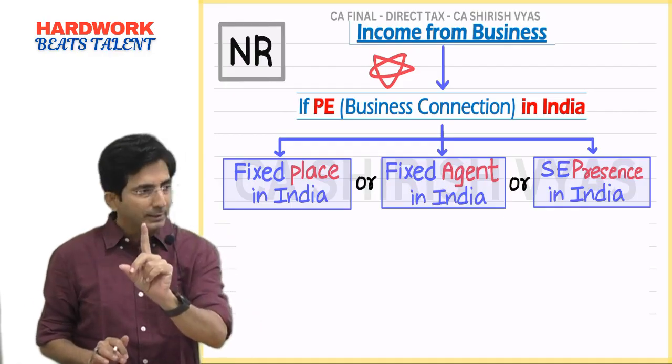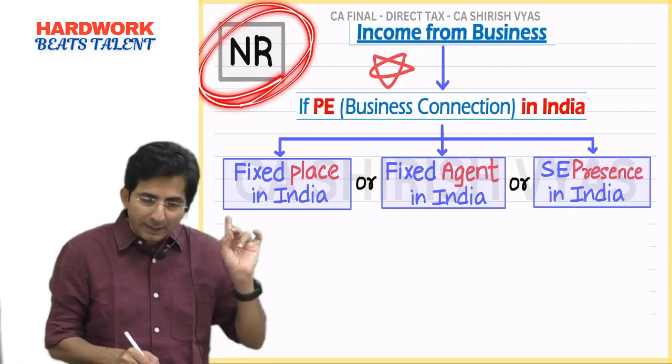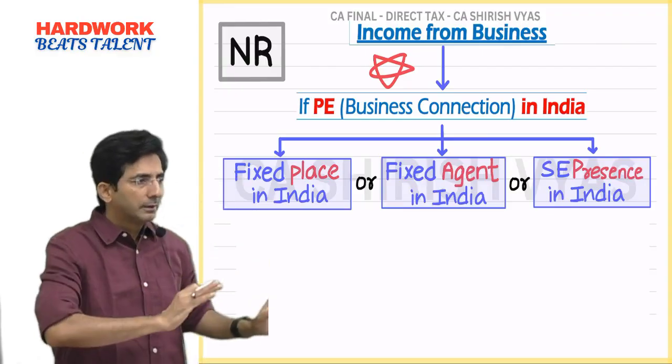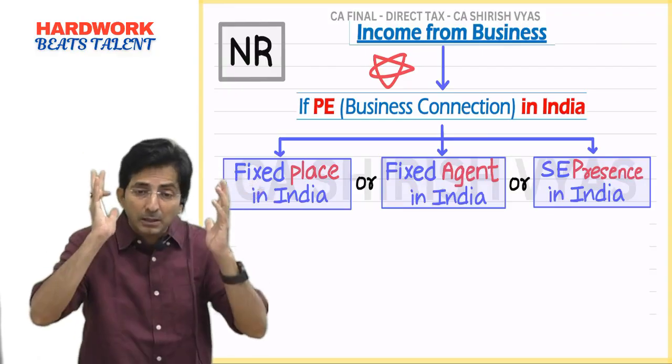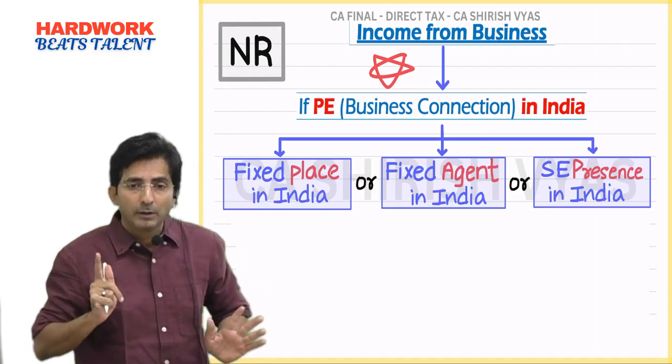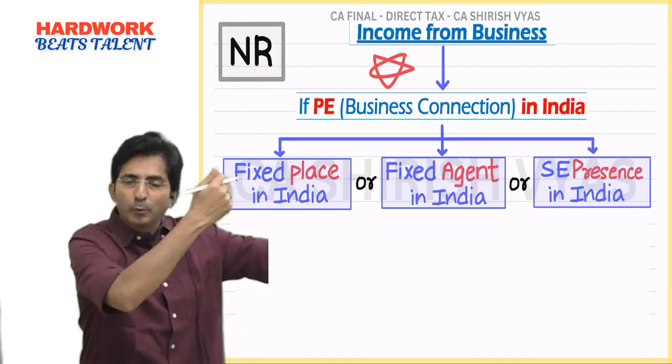See, in all my explanation, please don't forget you are NR. Imagine some Singaporean, Chinese, Japanese person, he is NR. We are struggling to decide whether his income is accrued in India or not. So imagine some Singaporean person is there.